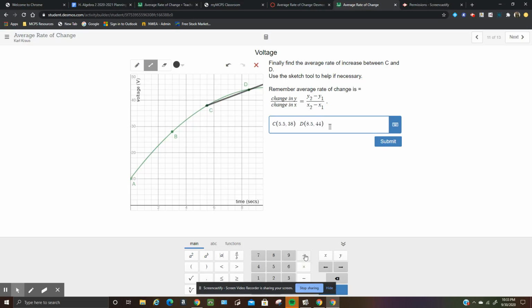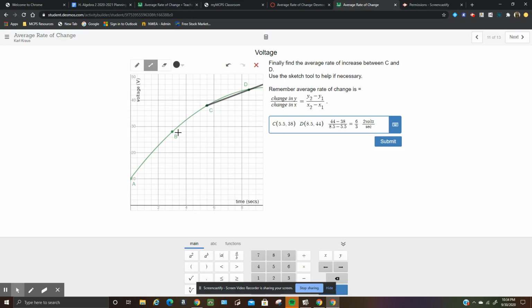So 44 minus 38 over 8.5 minus 5.5. So 6 over 3. So 2 volts per second.